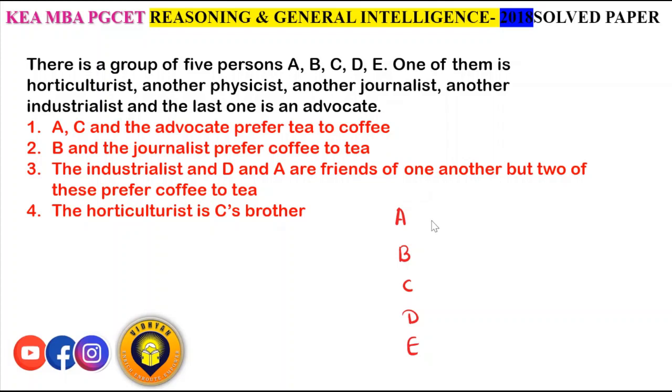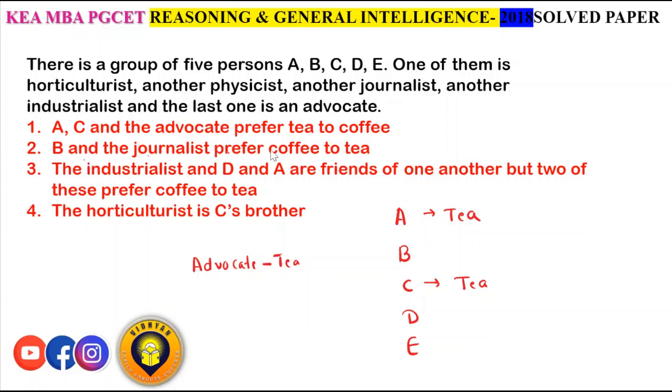A prefers tea, C also prefers tea, and the advocate prefers tea. I'll write advocate separately because I don't know who among A, B, C, D, and E is the advocate.